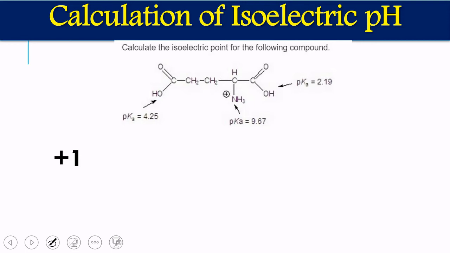So if I put a pH roughly less than 2.19, the amino acid exists in a positively charged, most protonated form, meaning maximum protonation. Every place where a proton can be added, a proton will be there. So in this case this is one proton, this is two protons, and this is three protonated forms. So at the lowest pH, it exists in this structure, which has an overall one positive charge.